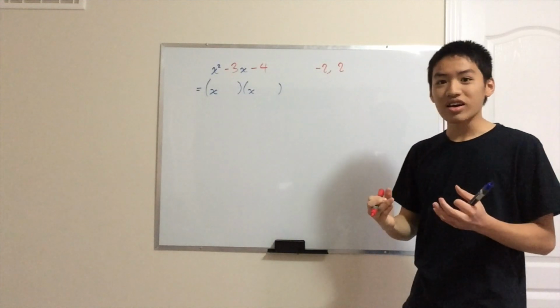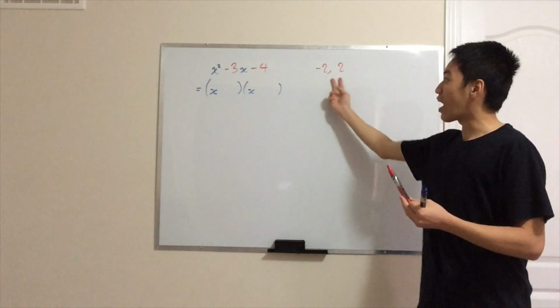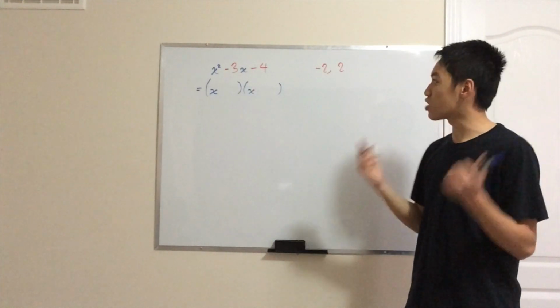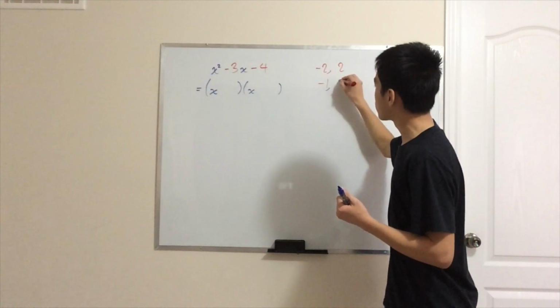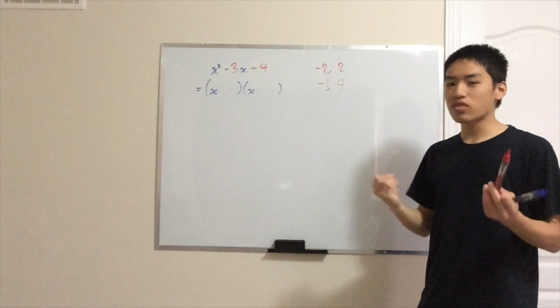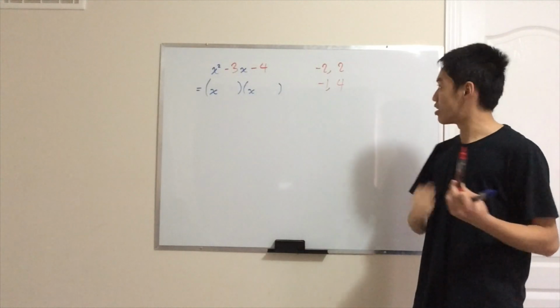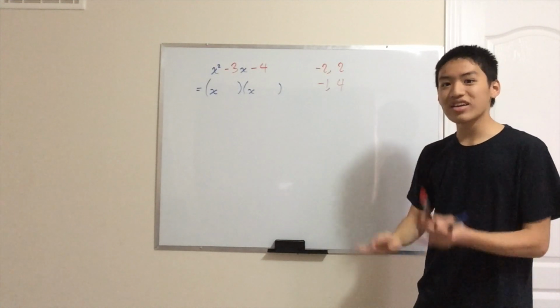Does this work? The answer is no. Although they multiply to give us negative 4, they add to give us 0, not negative 3. So I'm going to try another one: negative 1 and positive 4. We'll see if that works. I multiply, I get negative 4. That's good. I add them, but I get positive 3. That is not good.